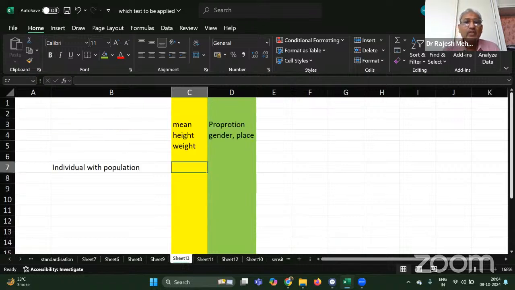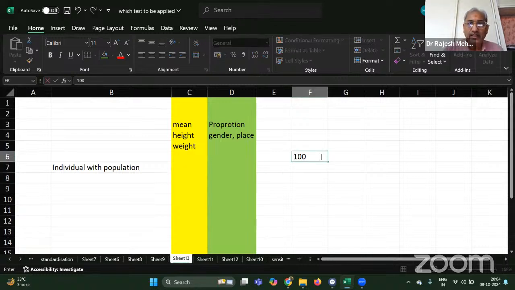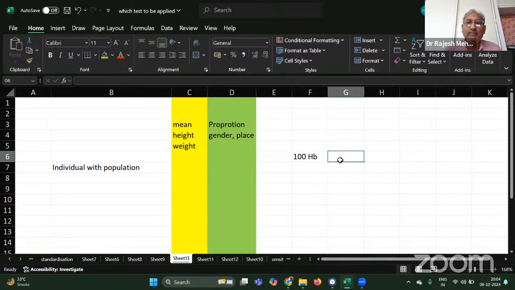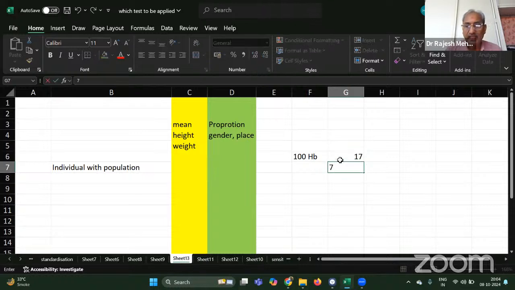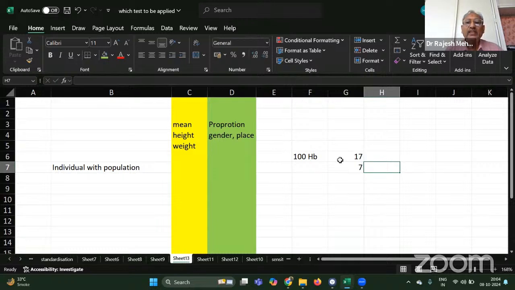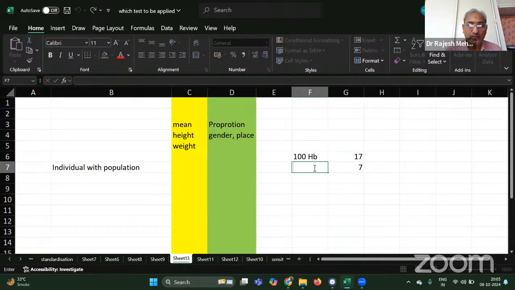Now, when you want to compare an individual with the population in terms of mean, suppose you have 100 individuals and you are measuring the hemoglobin level of the 100 individuals. Out of that, one person is having a hemoglobin level of 17, another person is having a hemoglobin of 7 gram. Whether this person belongs to this group or not, you cannot say without any other values. So you need to have the mean also and the standard deviation.